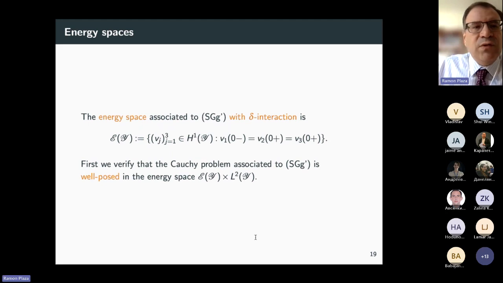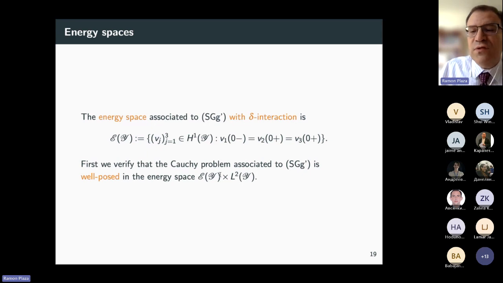First, we have to consider the energy space. The energy space associated to the sine-Gordon equation with delta interaction is precisely this one, the energy space on the Y graph of type 1. And we have to verify that the Cauchy problem associated to the sine-Gordon equation is well posed in this energy space.